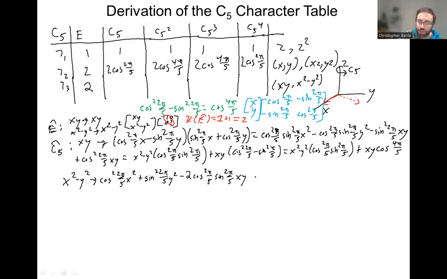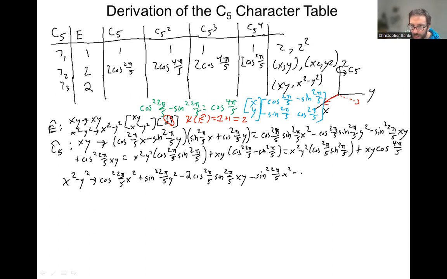So that took care of the x squared component. We have to minus that by y squared. So now this part is the y, right? It came from down here in our rotation matrix. So we have to remember to minus everything here because we have minus y squared. We're going to have sine squared 2 pi over 5 x squared.